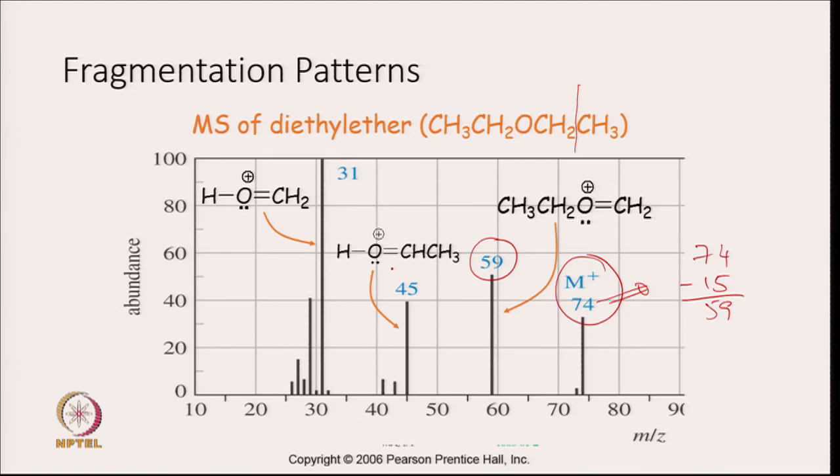The next one will be because of loss of CH3 CH2, which means you are removing 29. So, 74 minus 29 is 45.